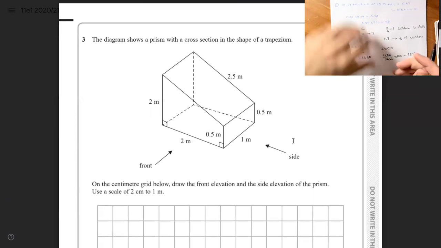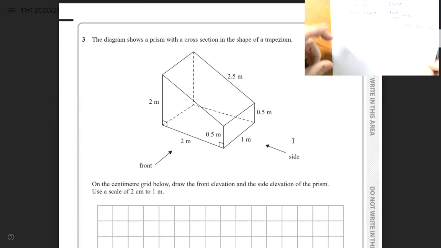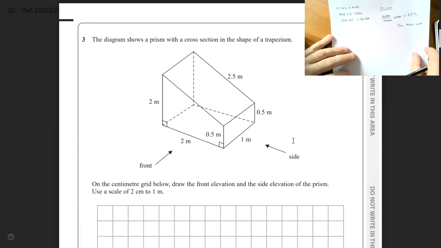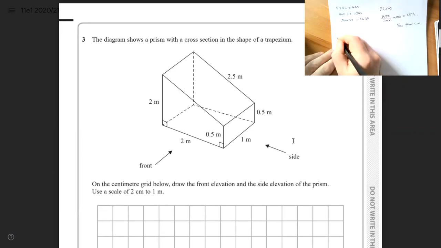Okay, so on a centimetre grid, draw the front elevation and the side elevation of the prism. Use a scale of 2 centimetres is 1 metre. So obviously your side elevation is going to be a trapezium. So 2 centimetres is 1 metre, so the 2 metres will be 4 squares, and the 0.5 metres will be 1 square high.